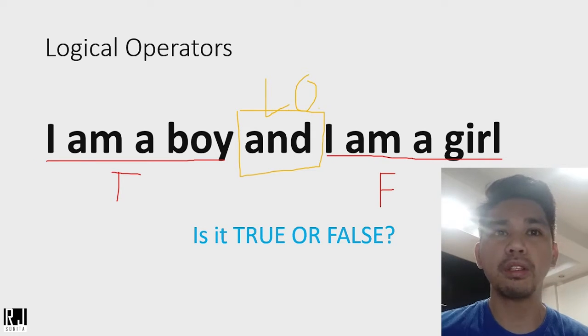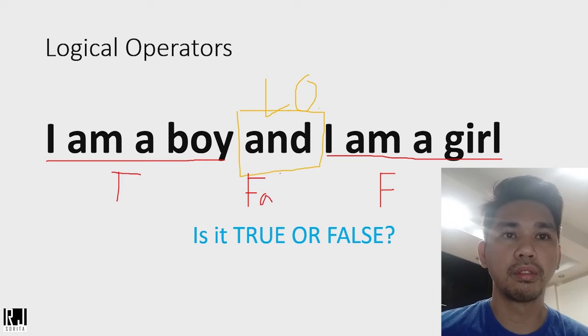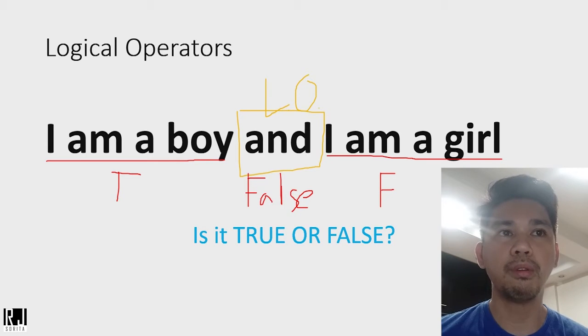Combining true and false would always yield the result false. How did that happen? In a few moments, I'll show you the truth table for the logical AND.